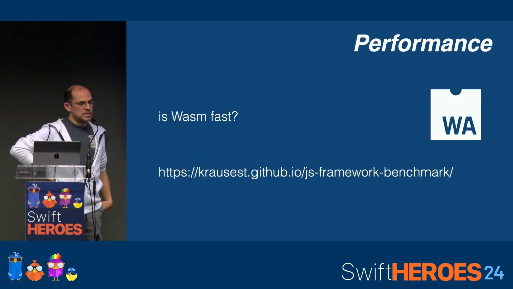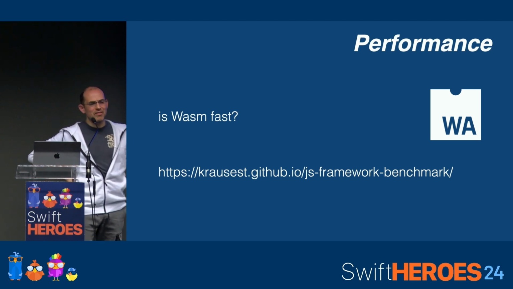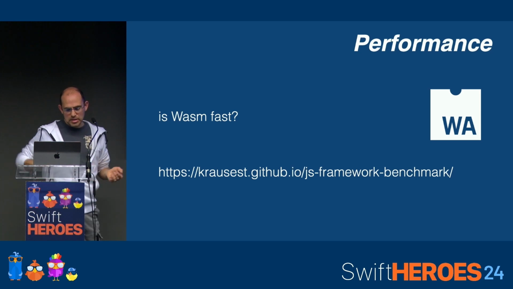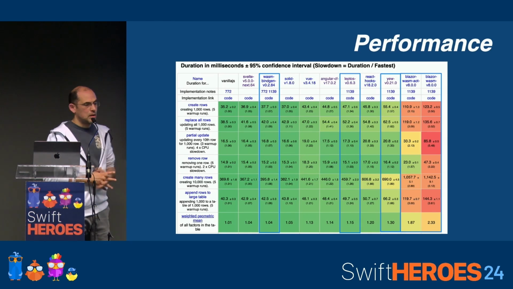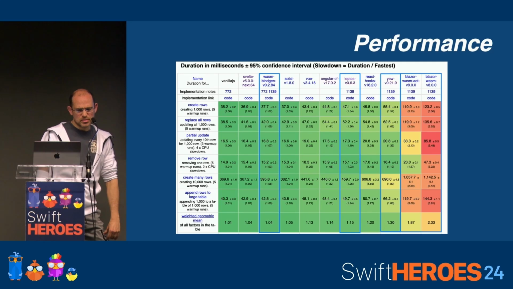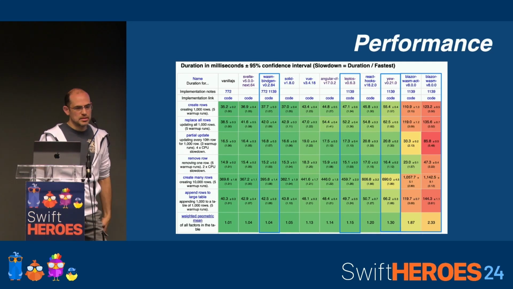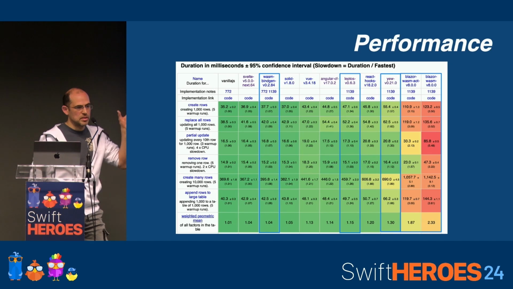Let's talk about performance. Often we hear that WebAssembly is about performance because it's more performant than JavaScript and so on. Is it really more performant than JavaScript? Well, maybe, sometimes, it depends. Here there is a benchmark about web front-end applications. The blue squares represent some WebAssembly frameworks.